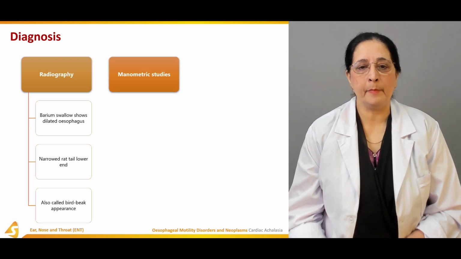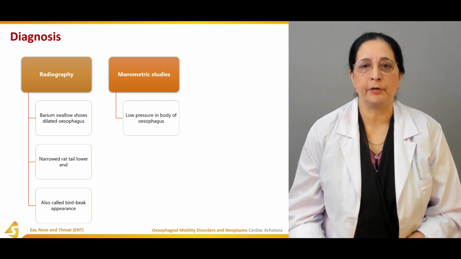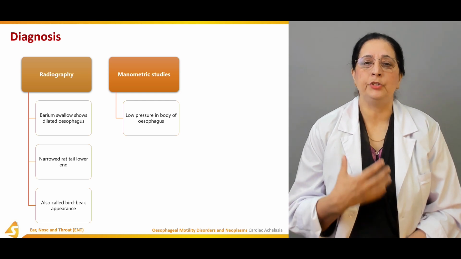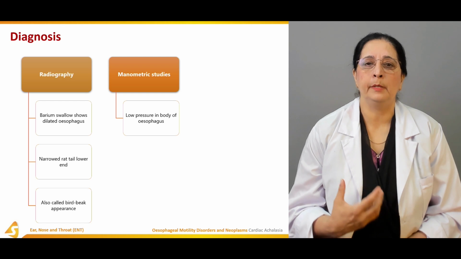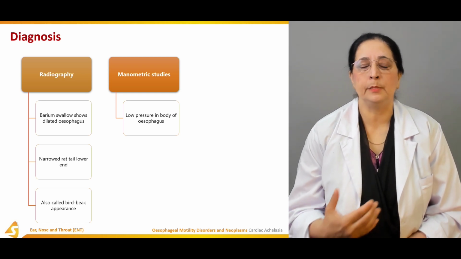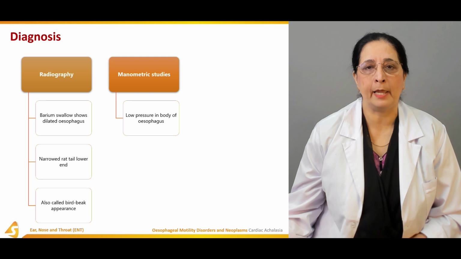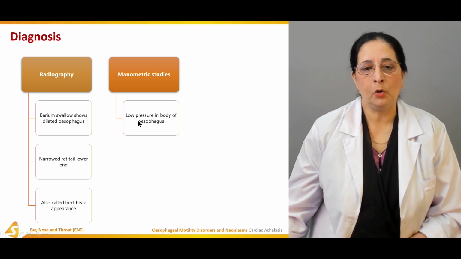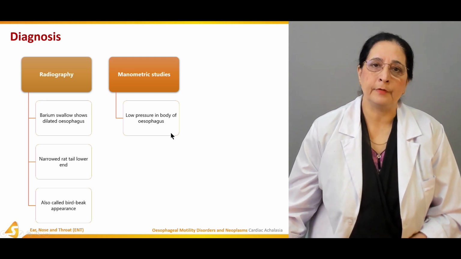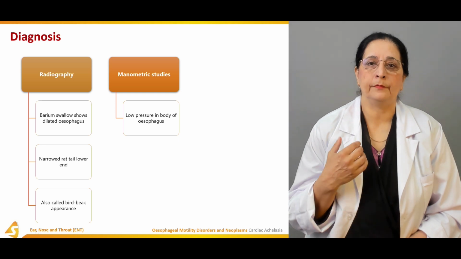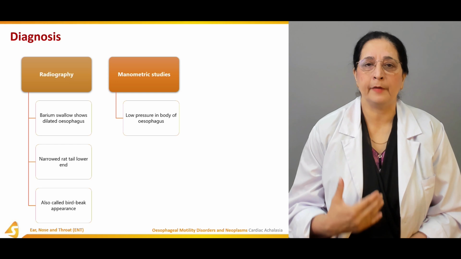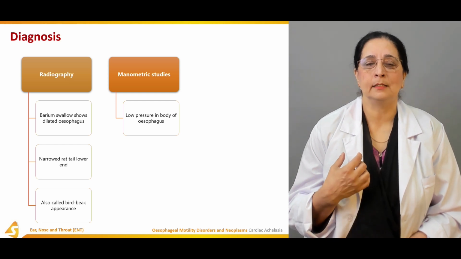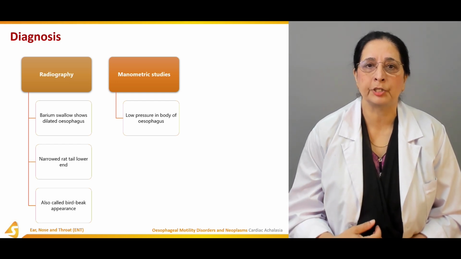Then the manometric studies. Manometric studies are used to measure pressure, to see whether it is good or bad, or normal. There is low pressure in the body of the esophagus, and non-peristaltic contraction is present.